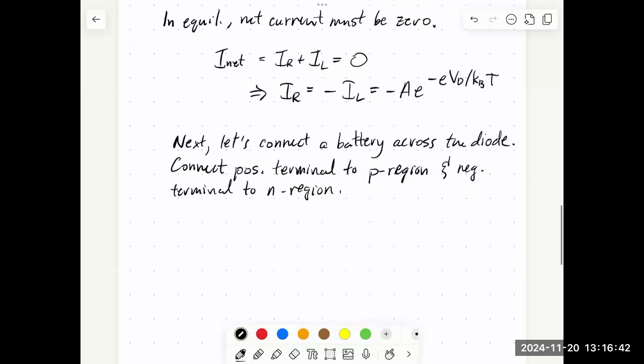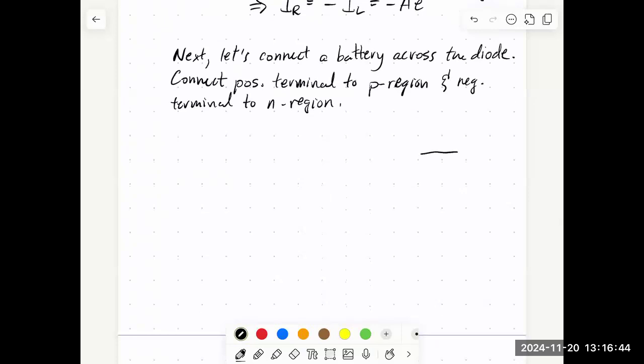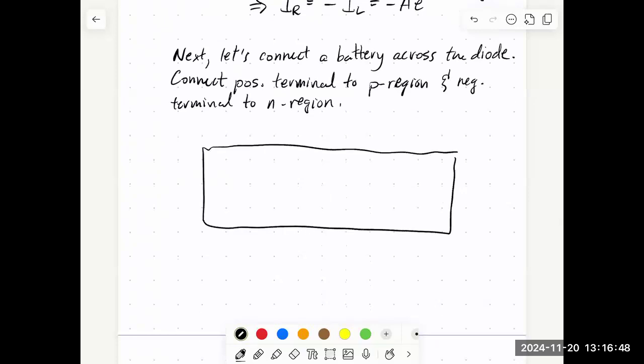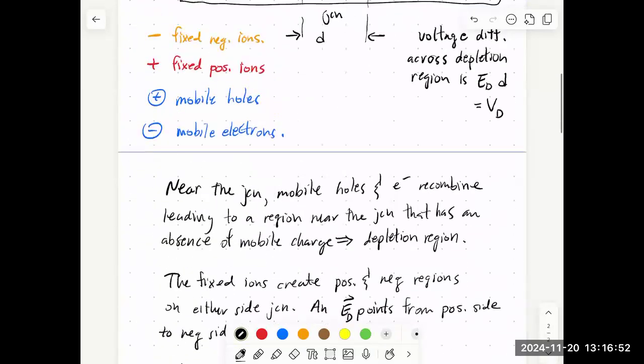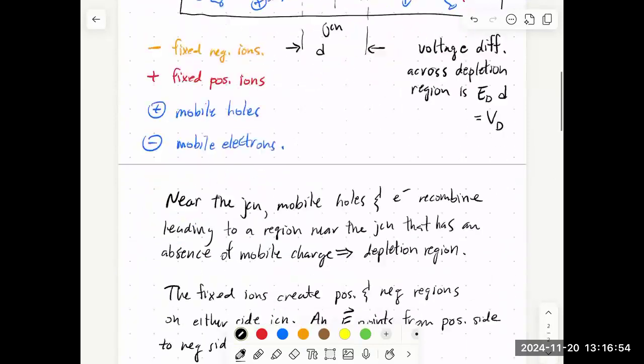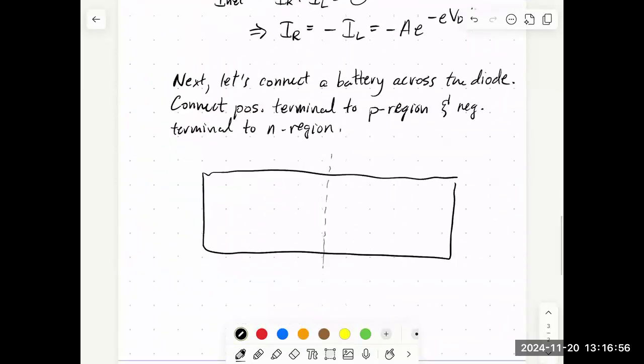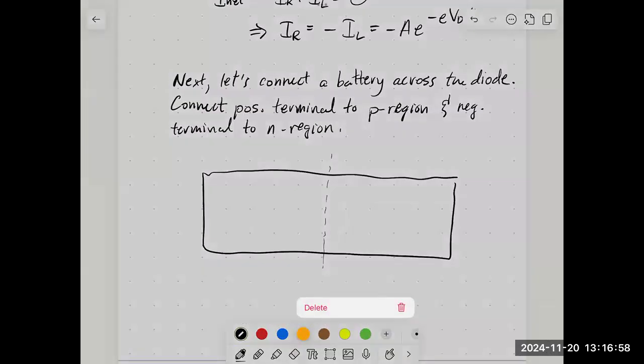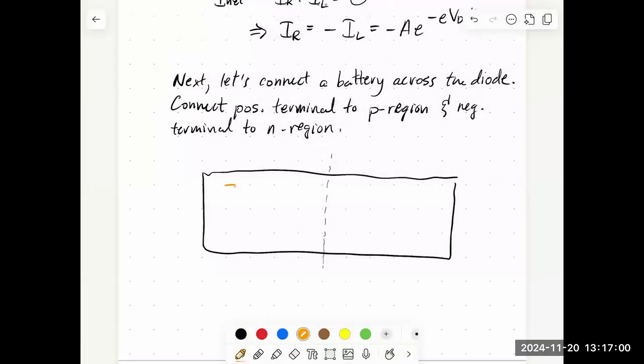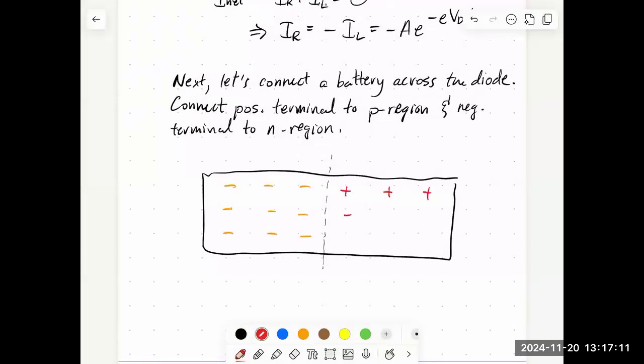Okay, so let's see if we can draw that. So here's our diode. We'll put our junction over here. What colors did I use? Let's be consistent. So orange and red. So those are our fixed negative ions in the P region, and these are our fixed positive ions in the N region.